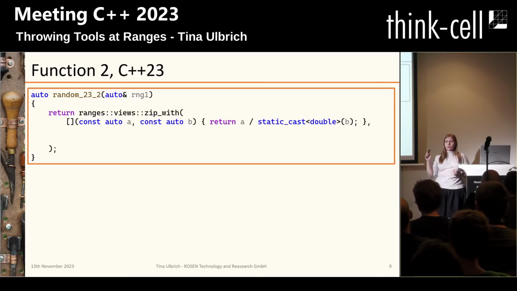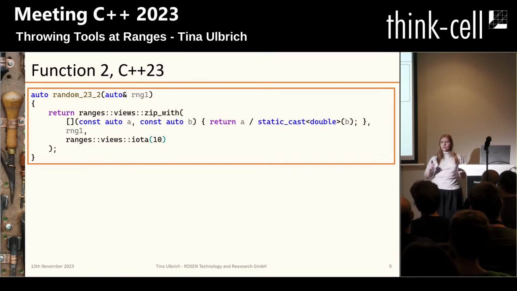You have to put the function first for zip-with because, for internal reasons, it takes a parameter pack for the ranges, so you can input as many ranges as you want, but then you need to have the function as the first argument. It's not that pretty, but it's the language. And then you input all the ranges that you want to combine.